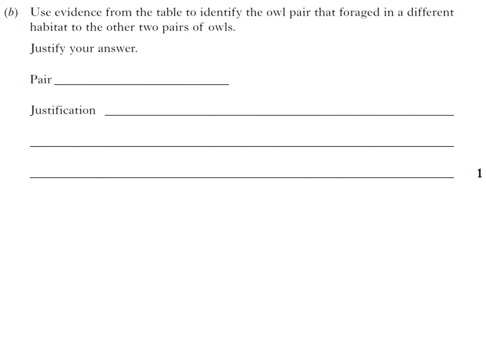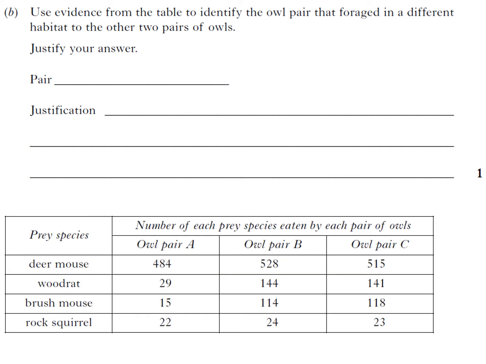Okay, using evidence from the table to identify the owl pair that foraged in a different habitat to the other 2. Here are our owls again. So you're trying to find out if there's a different pattern of what they're feeding on. Even glancing at it, I think you can see this quite easily. These ones are not very different really, number-wise, and this is not really different massively.